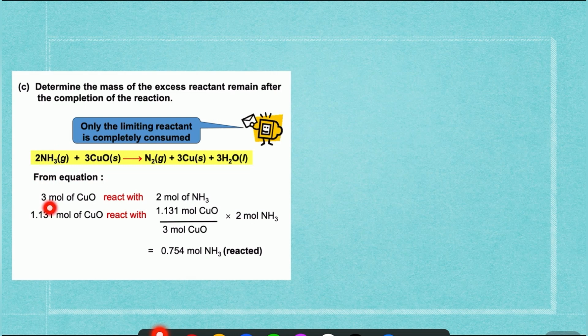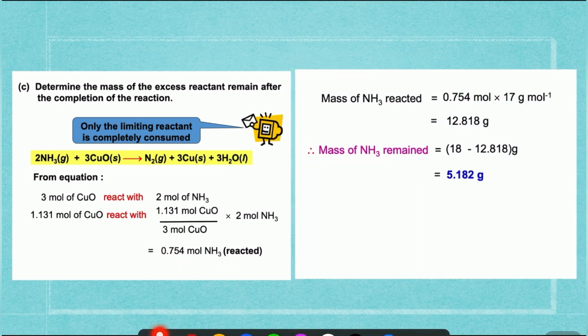If 3 moles of copper oxide react with 2 moles of ammonia, and given 1.131 moles of copper oxide, it reacts with how many moles? This one, 0.754 mole ammonia. It's supposed to react with this value. So you multiply by the molar mass of the ammonia, then you will get the mass.